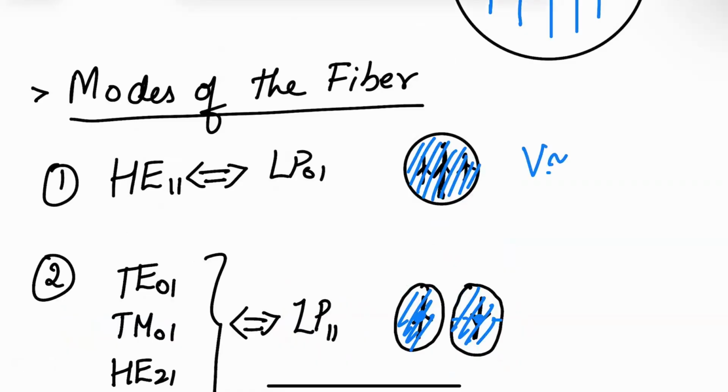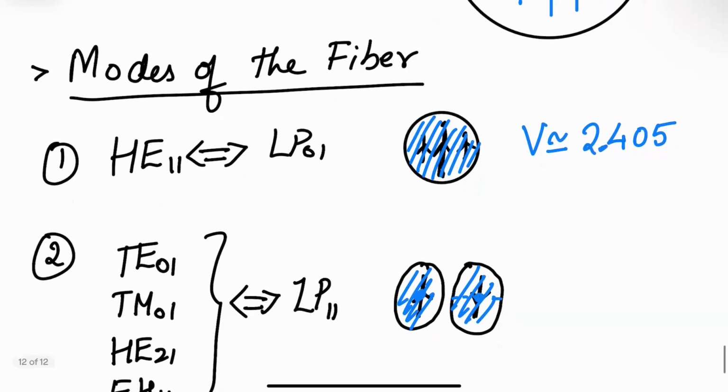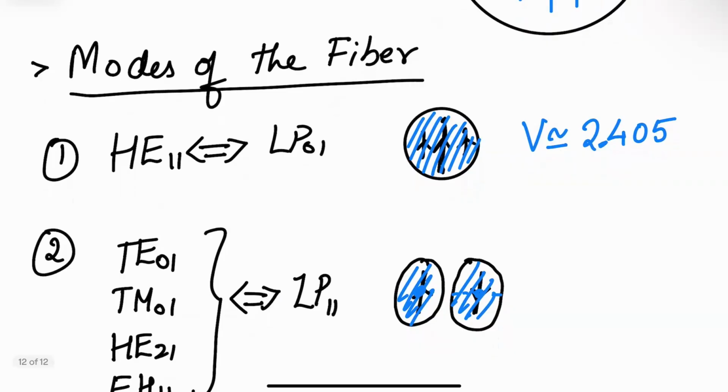So the cutoff for this mode, I should say, is at a V number of 2.405. And this corresponds to the first zero of the J0 function. Okay, so the first zero of the Bessel zero function happens at this number, and that's what defines this V number quantity.